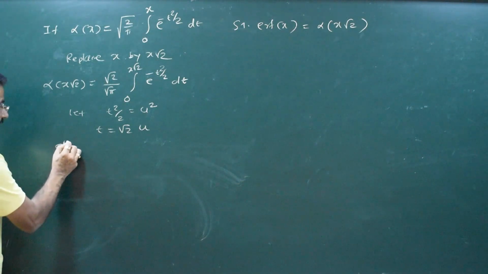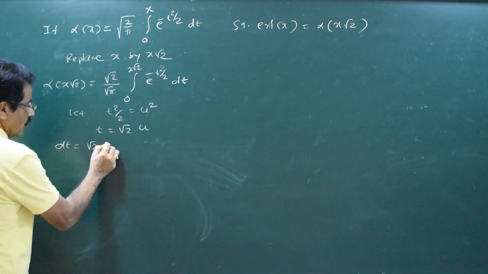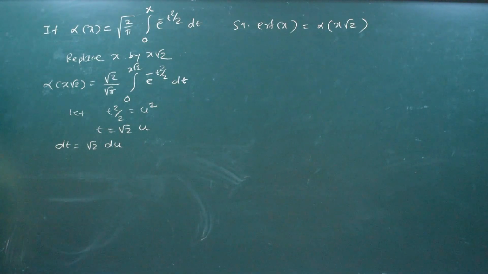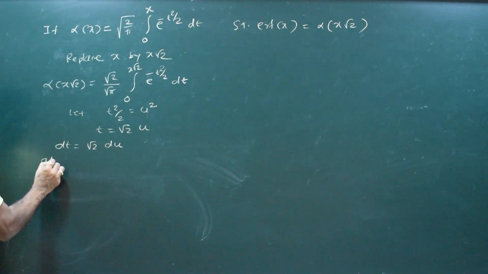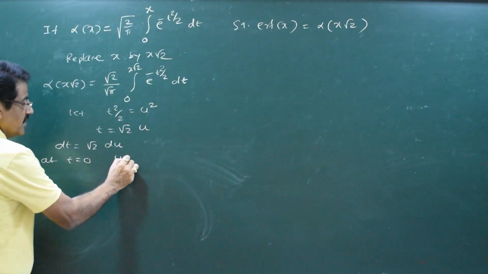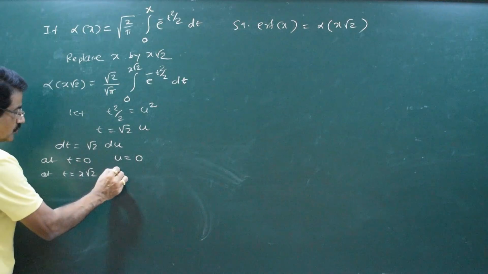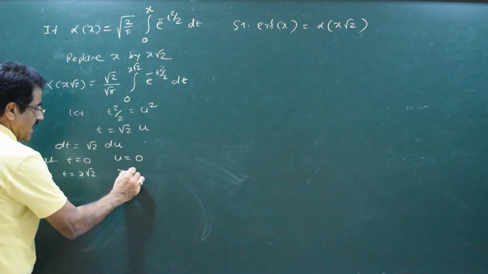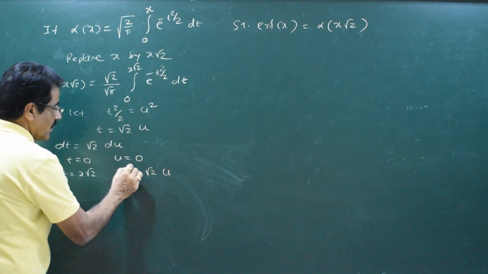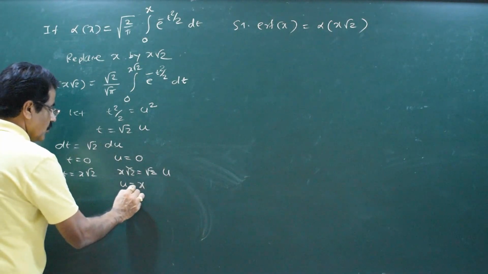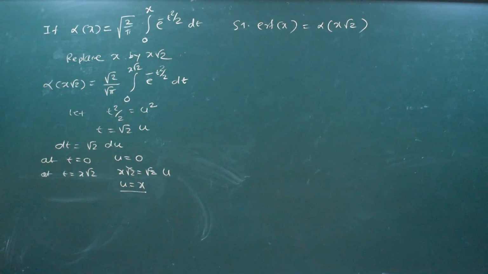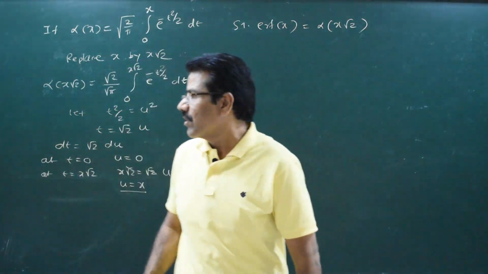Let us take dt is equal to root 2 into du, and also limits will change. At t is equal to 0, u is equal to 0, and at t is equal to x root 2, we can write this as x root 2 is equal to root 2 u. In short, we get u is equal to x as the new upper limit.